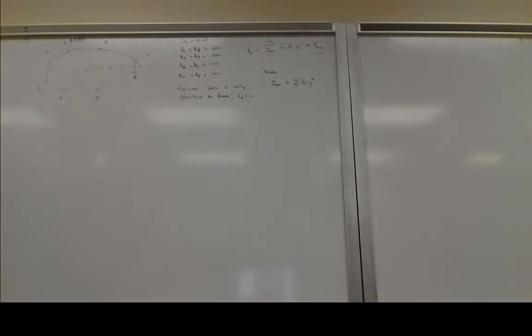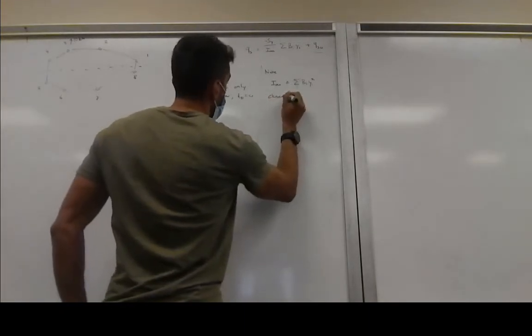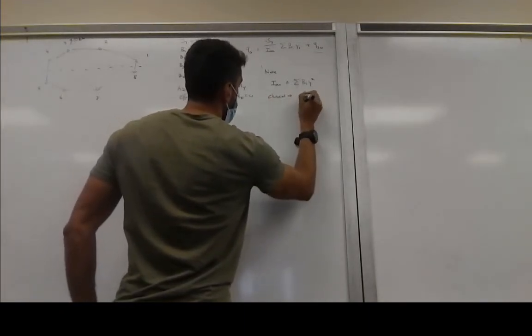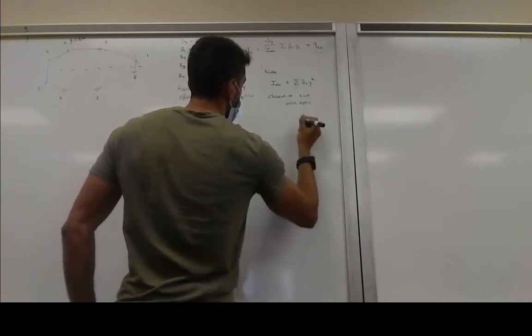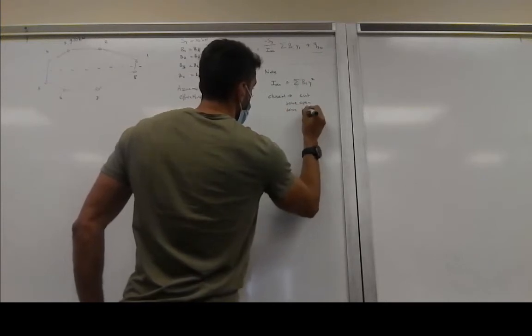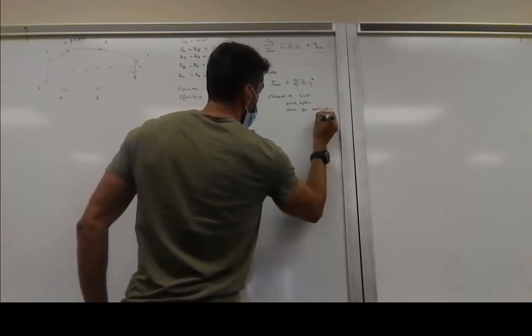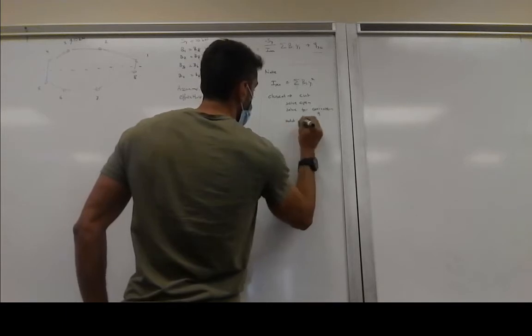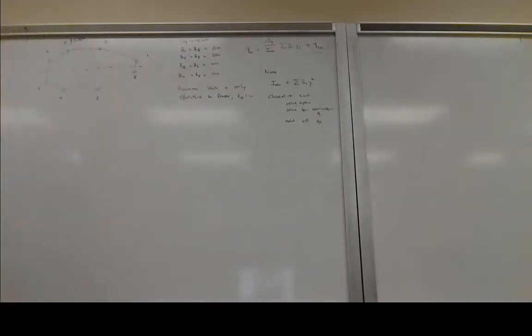And the second thing you have to realize is that this is a closed section. So therefore, make a cut, solve the open section, solve for the correction shear flow, and add all the q's. That should immediately pop up in your mind.